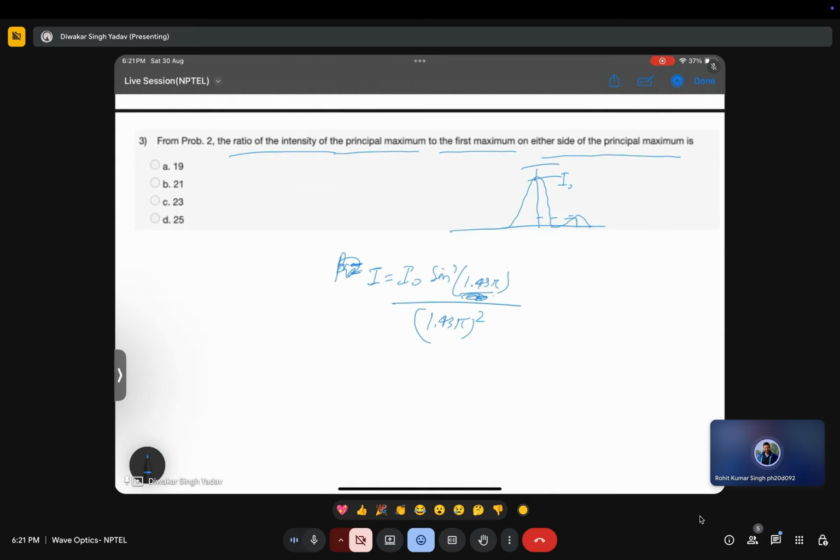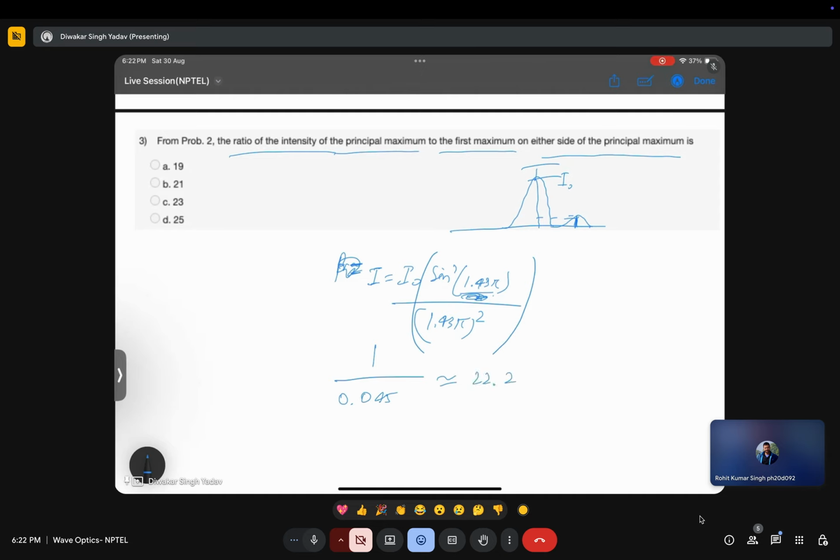This will be the intensity of this first maxima, and intensity of the principal maxima we know it is just I naught. So I naught gets cancelled, so 1 by this thing. If you calculate it, it will be around 0.045, which is 1 by 22.2.